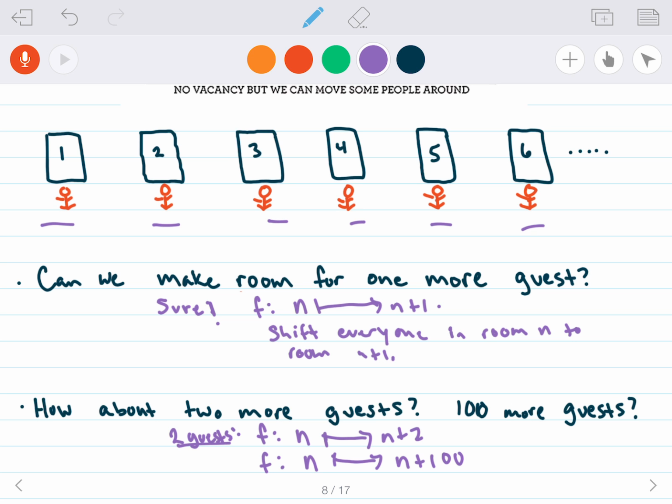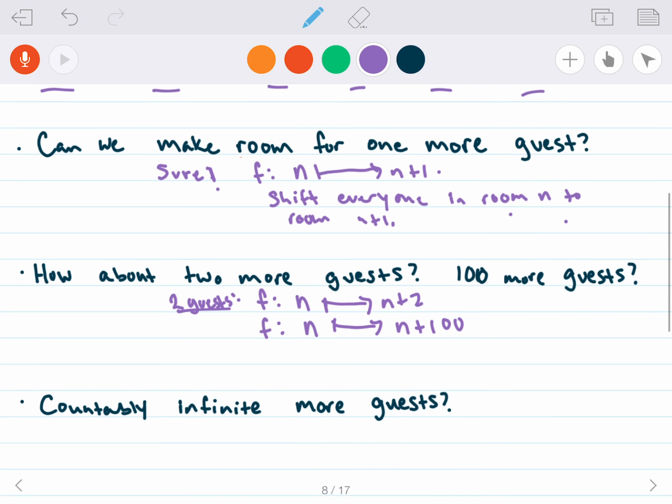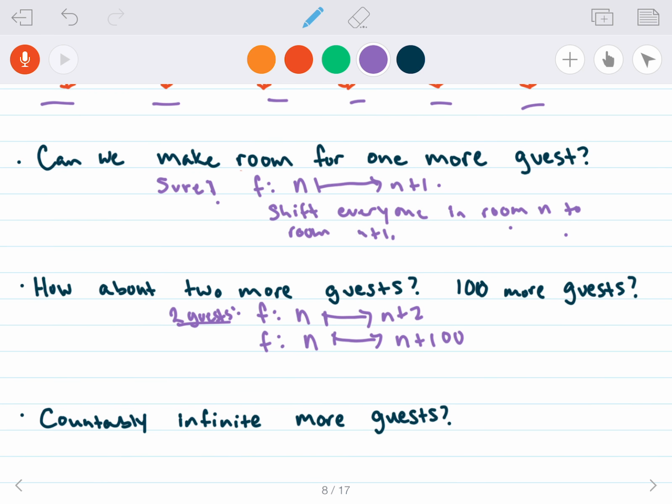Okay, so now what happens if countably infinite more guests turn up at the hotel? How in the world are we going to accommodate them? Well, this is no problem, okay? Because we can just move the person in room N to room 2N.